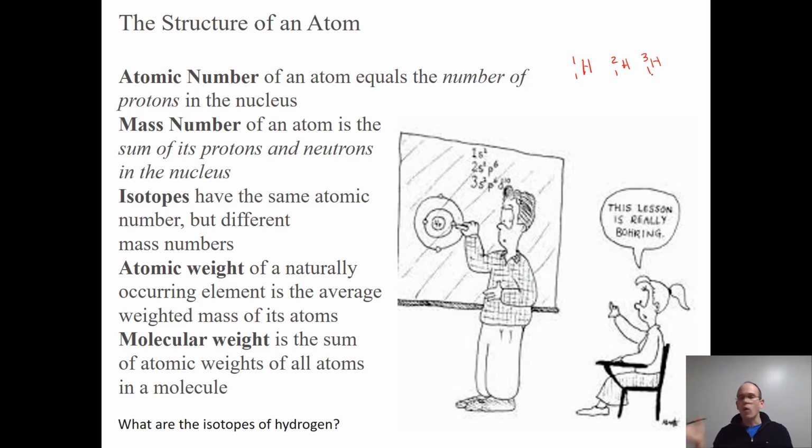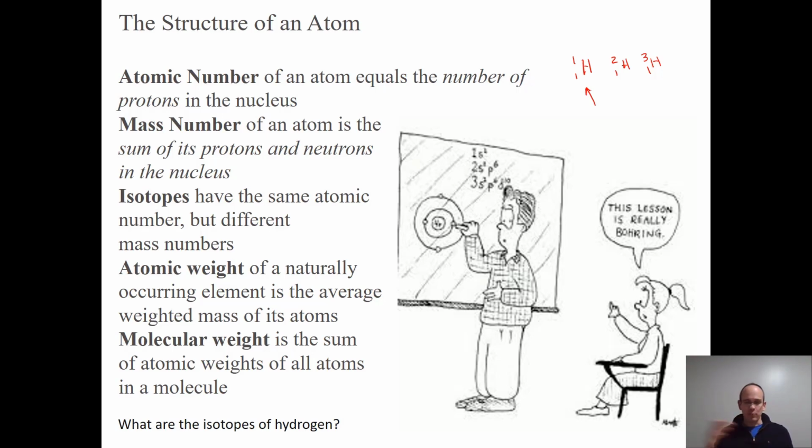They all have one proton in the nucleus. H1 has no neutrons, and this is the most abundant isotope of hydrogen. So this is the one that we most commonly talk about. I do my best to say that a hydrogen atom is a hydrogen atom, but frequently I call it a proton.